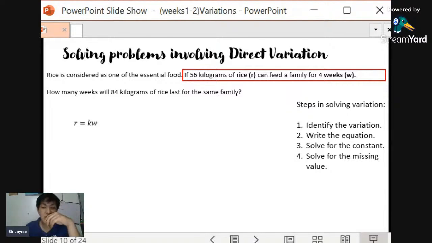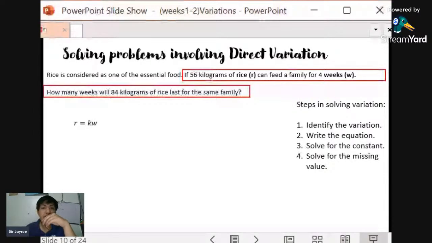Okay, wait, may nakalimutan pala ako na itanong. Well, we are talking about direct variation. So that's why nakuha nyo agad yung equation na R is equal to KW. But of course, what if nasa exam? Di ba sa exam, hindi binanggit na direct or inverse.